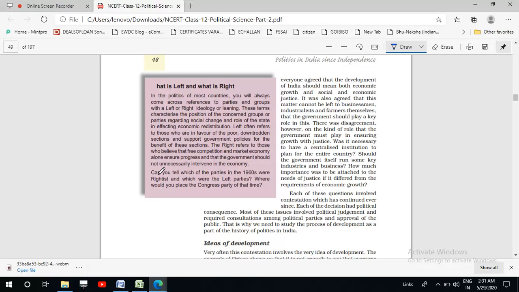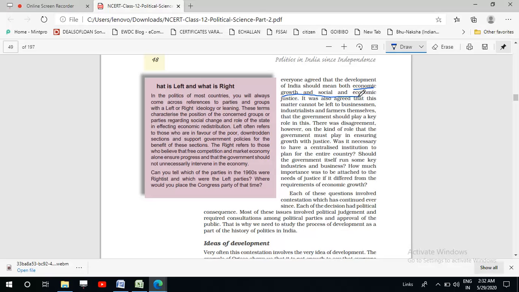And because of this view that economic growth must come with social and economic justice, our leaders knew that they cannot leave the matter of economy in the hands of businessmen, industrialists, and farmers only.